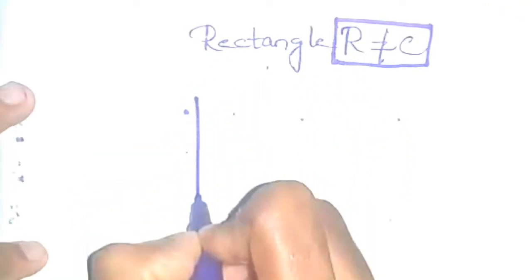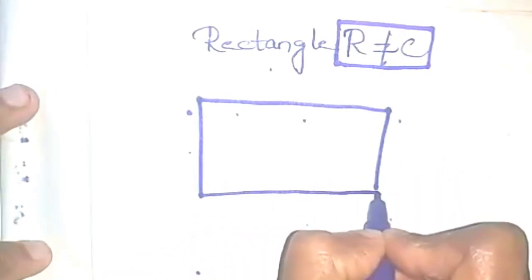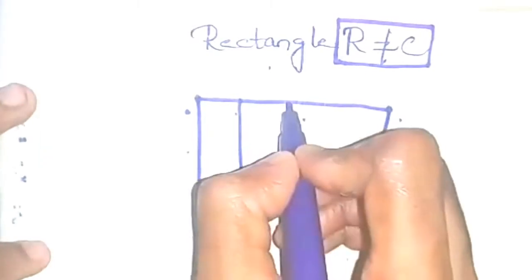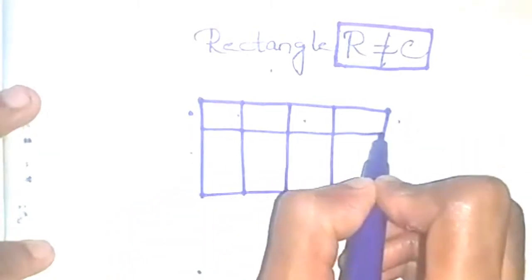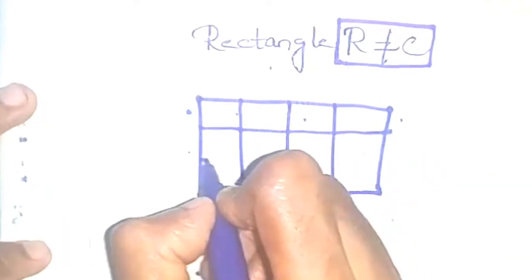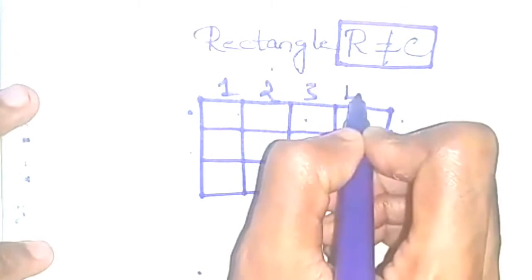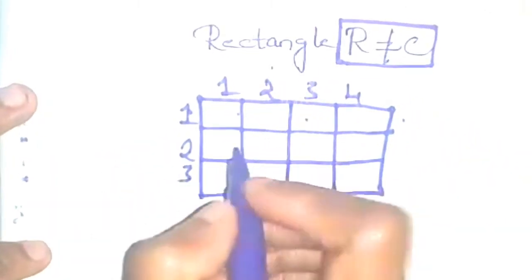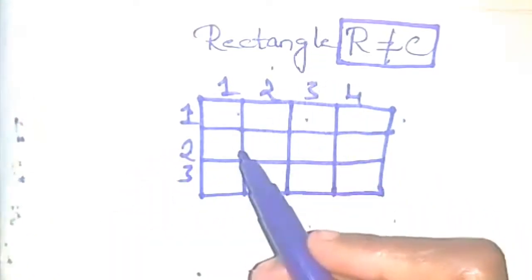So let us take an example, take a rectangle, and now here 1, 2, 3, 4, 4 columns, right? And now 1, 2, 3. These are 3 rows.